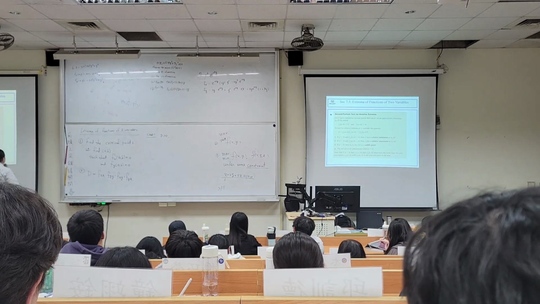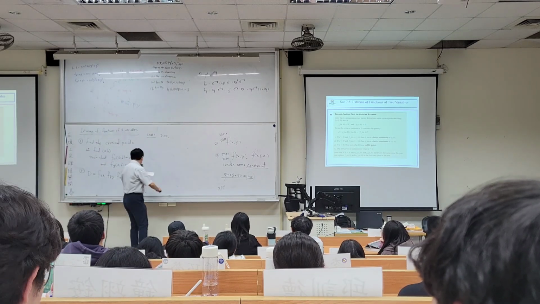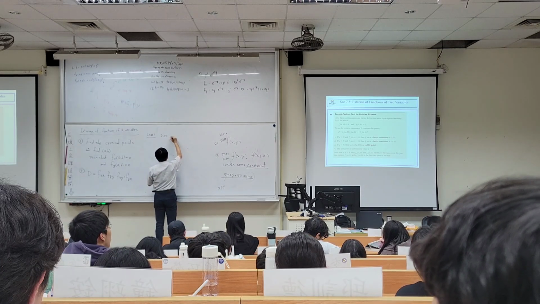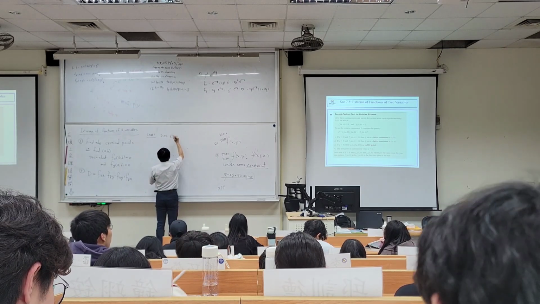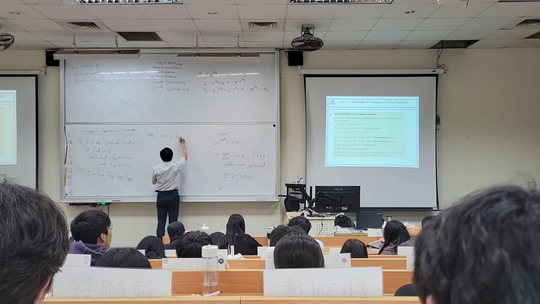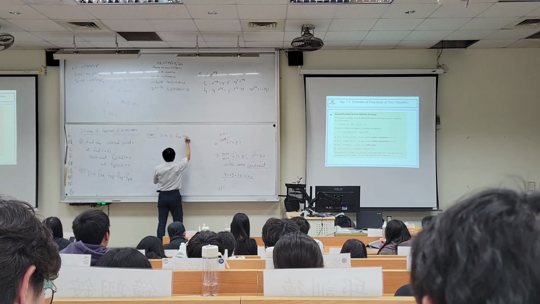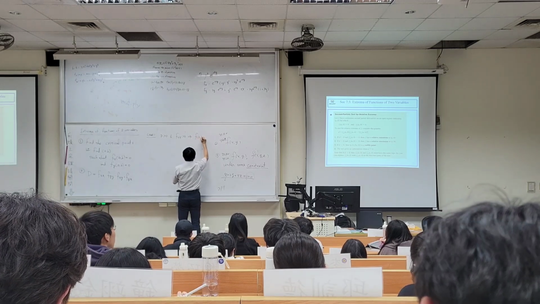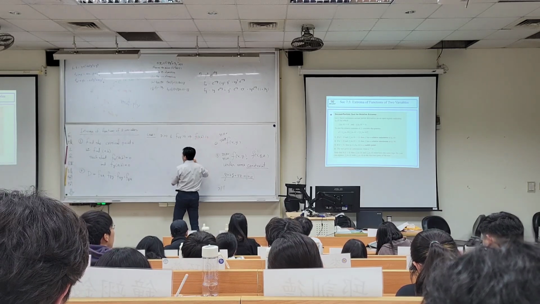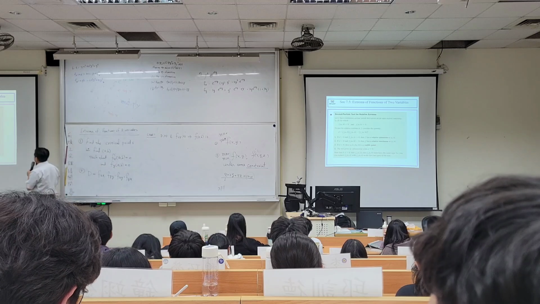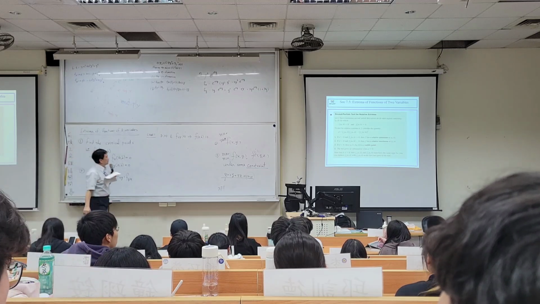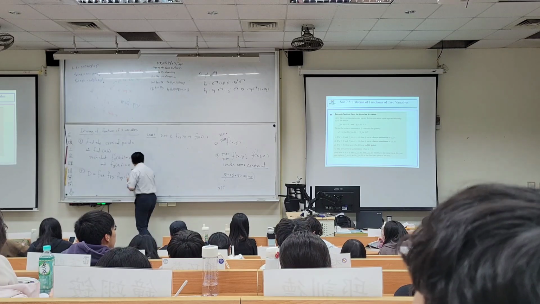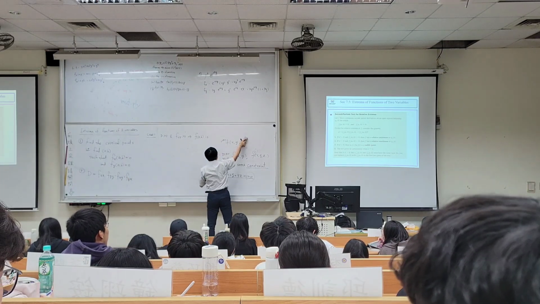If D is positive and f sub xx is positive, this implies f at (a, b) is a relative minimum.